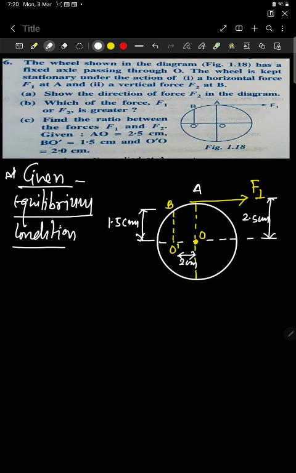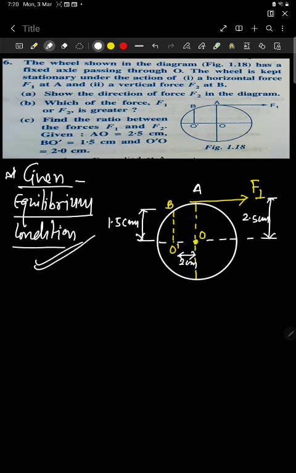Stationary means that when several forces are acting on an object and it is in rest position, we can say it is in equilibrium condition. So here the system is in equilibrium condition.